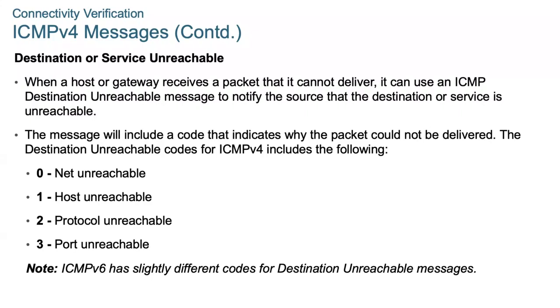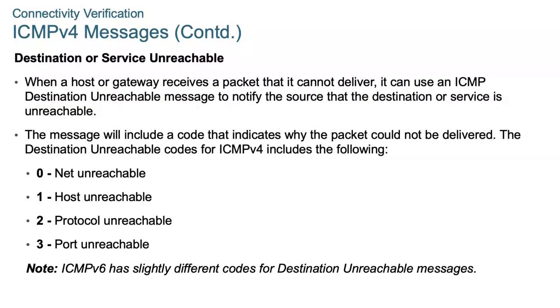This control message includes certain codes. What do those codes mean? If the echo packet from H1 is not reachable to H2, it may be for various reasons.